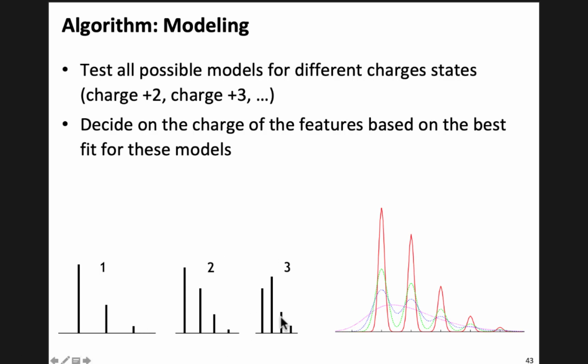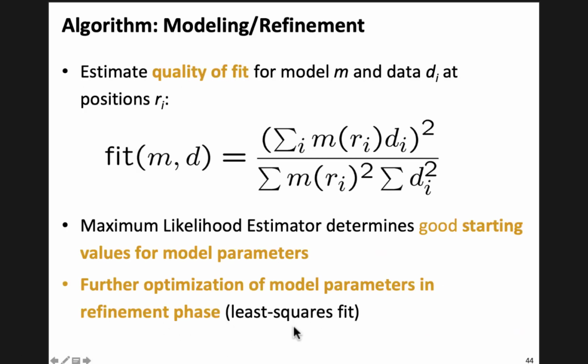And as you can see, they would look distinct. And how do you test that? Well, we do a simple quality of fit model. We simply correlate the model at the position Ri of each peak Di. We normalize that. And if this number is better for one model, then we say this model fits better than the other. Very straightforward way to do that.